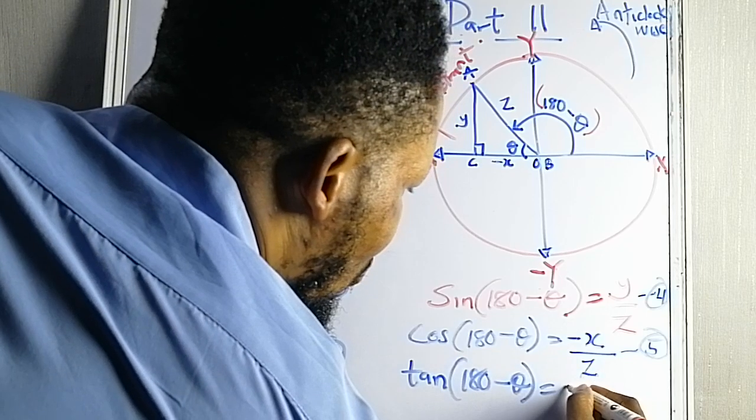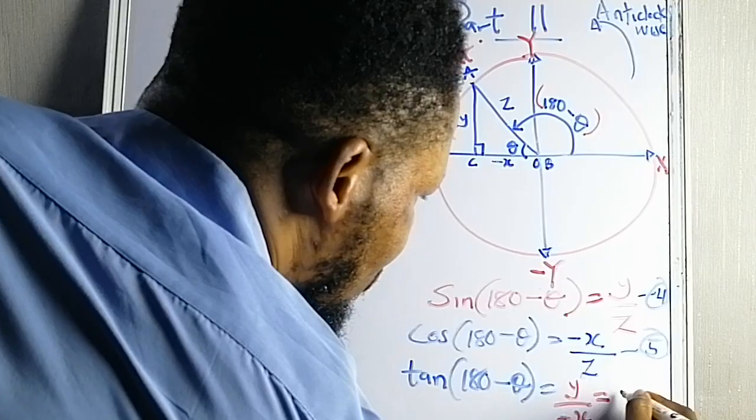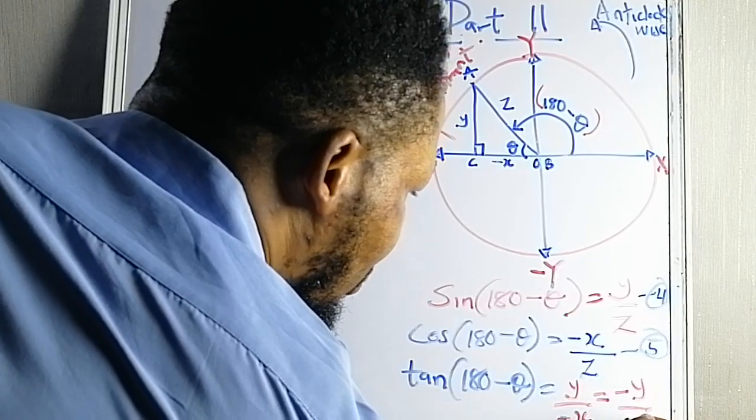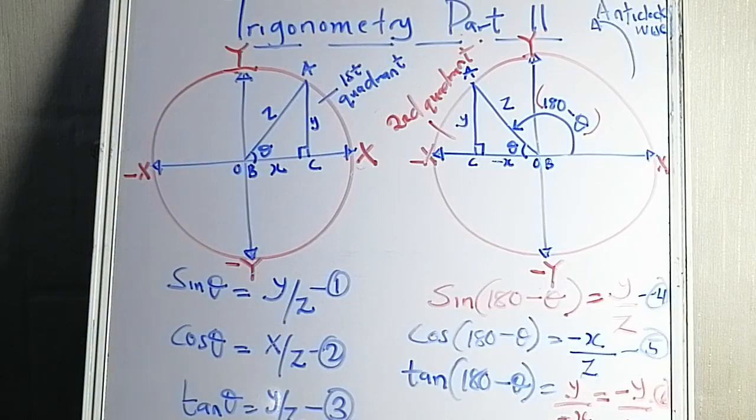So that is y over minus x, which is the same thing as minus y over x. Equation 6.